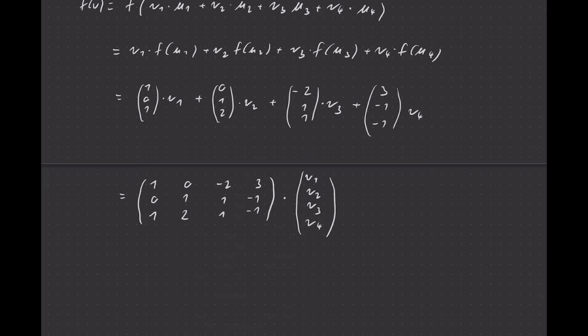So in a way, we could say this matrix here is a representation of our linear mapping f. So indeed, f can be written in the form matrix times vector.